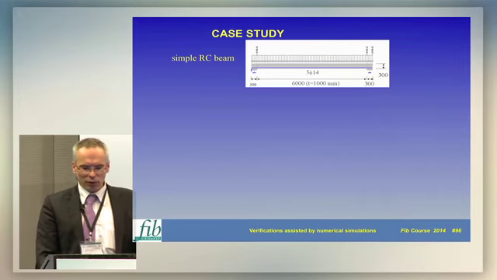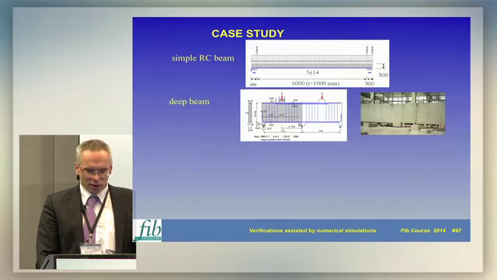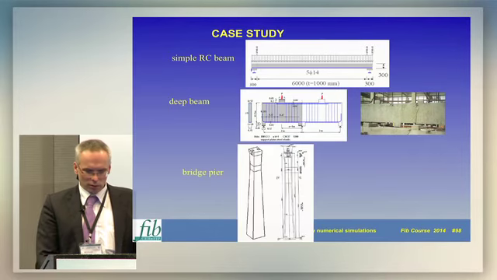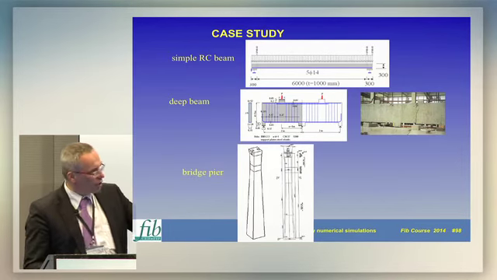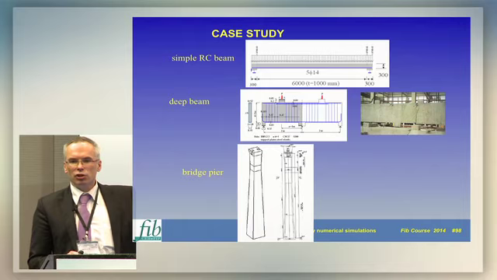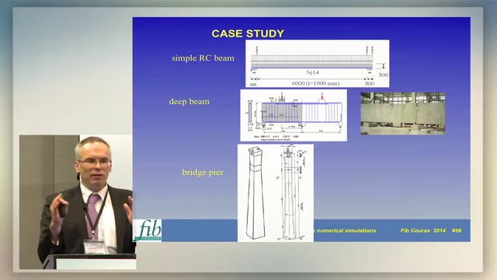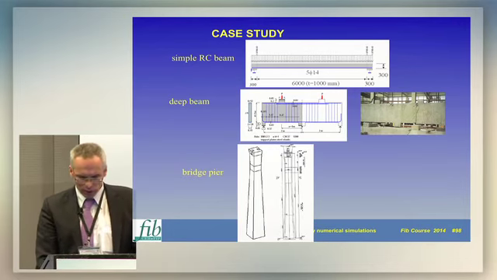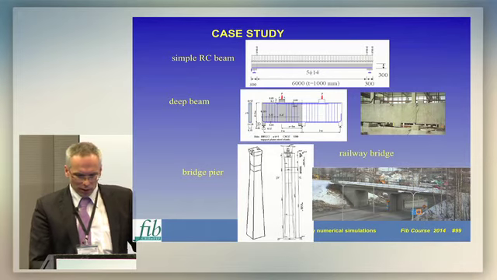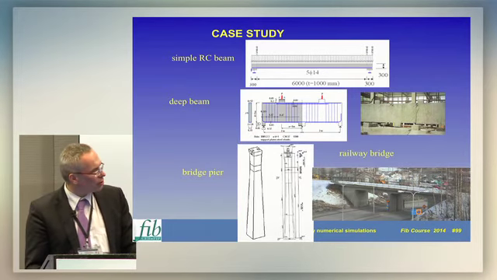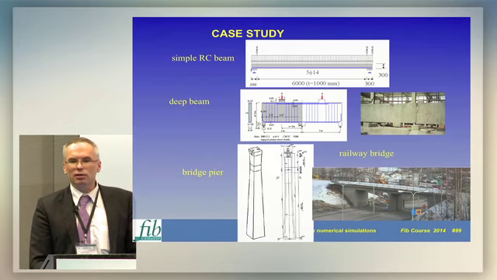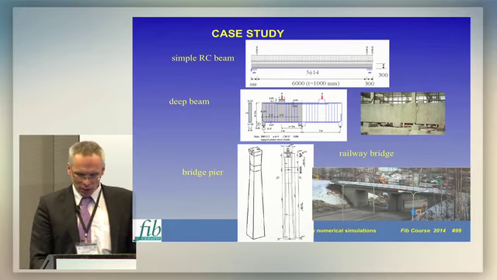So starting from a simple beam which is dominated by bending, a shear wall, a bridge pier, which includes some secondary effects due to large deformations. This is a bridge which was tested up to failure in Sweden, so we also use it as a reference example because we have some information about the true strength.